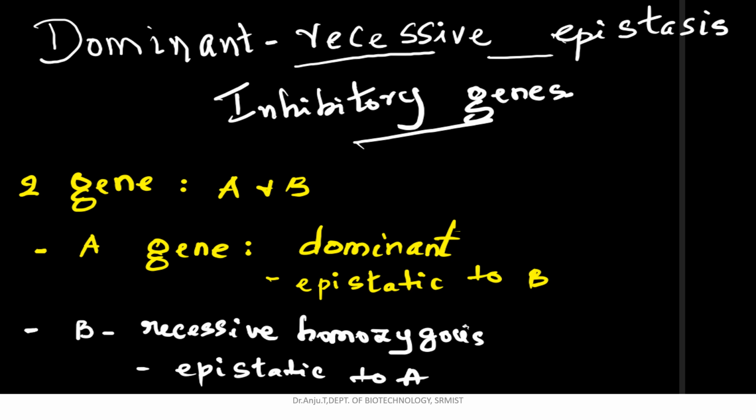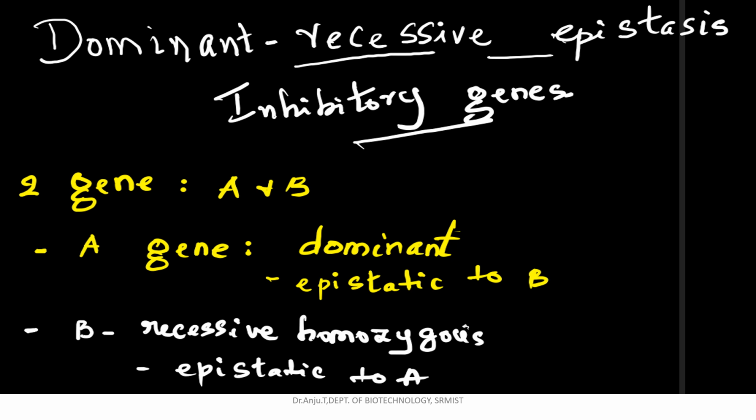Why? If you take a trait controlled by two genes, gene A and B, gene A in its dominant form is epistatic to the other gene B. So it shows a dominant epistasis.